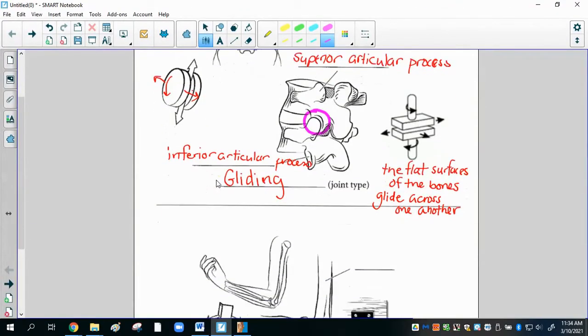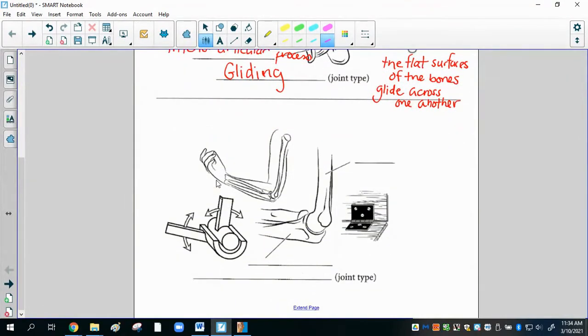The next type of joint that we're going to encounter on our worksheet is a hinge joint. As the name implies, it works like a hinge. So there's a little mechanical representation right here, and then a little bit more obvious one here. The joint that is being illustrated is between the humerus of the upper arm and the ulna of the forearm.